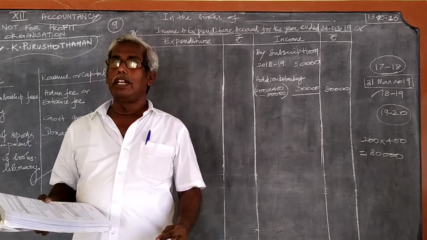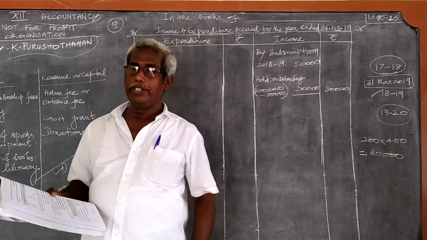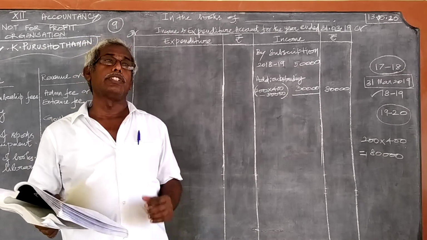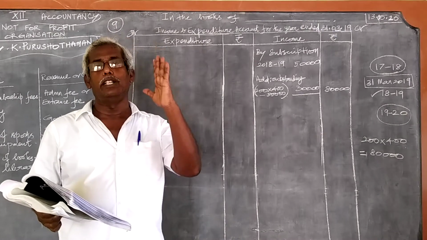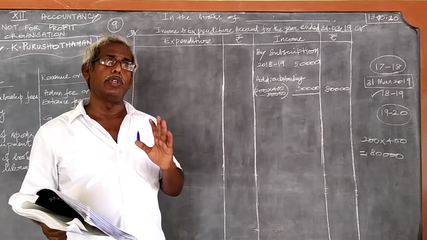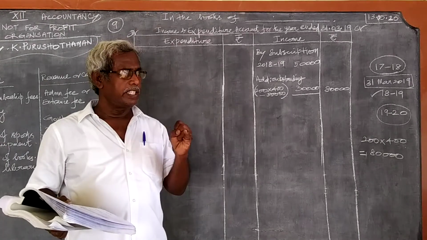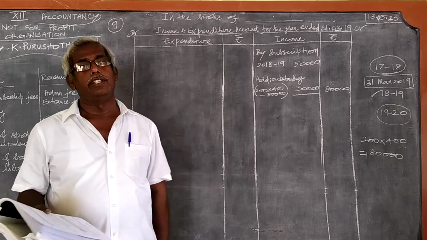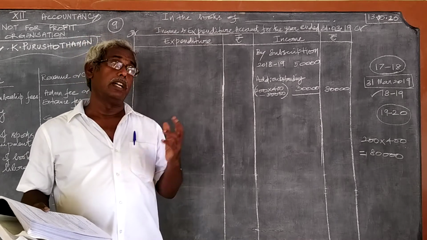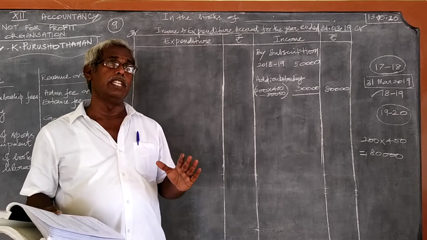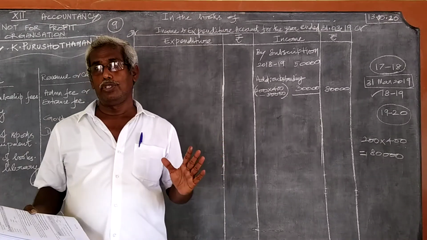If it is a not-for-profit organization, there are two types of accounts that should appear under final accounts. One is the income and expenditure account, the other one is the balance sheet. Both these items must be there in the accounts.